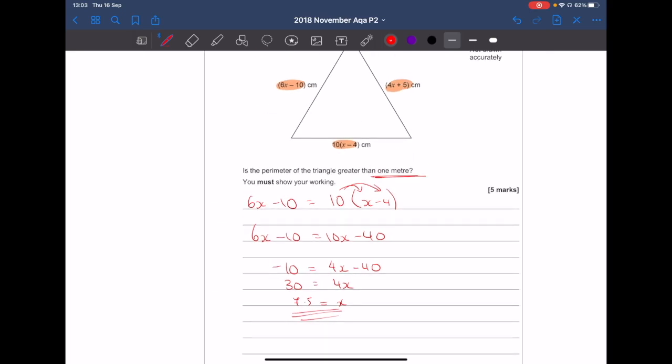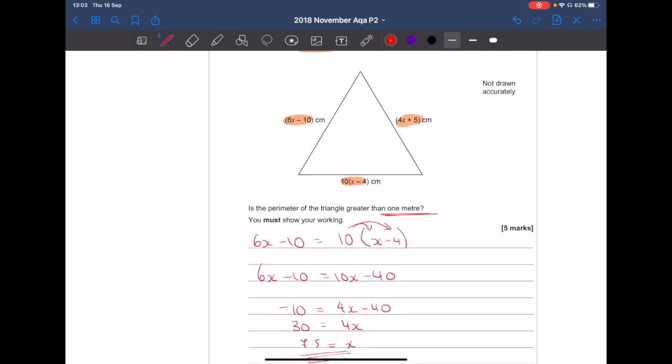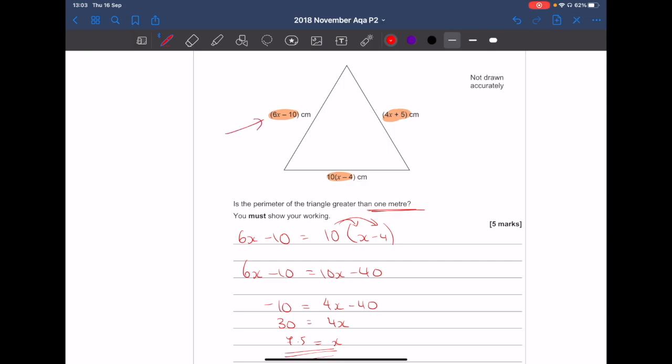And a lot of people will finish here because they're thinking, I'm happy, I've got x. But that's just x. I need to find what the actual size is equal to. So 6 times 7.5 take away 10 gives us 35.